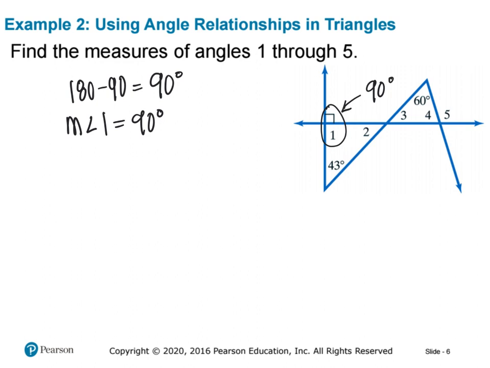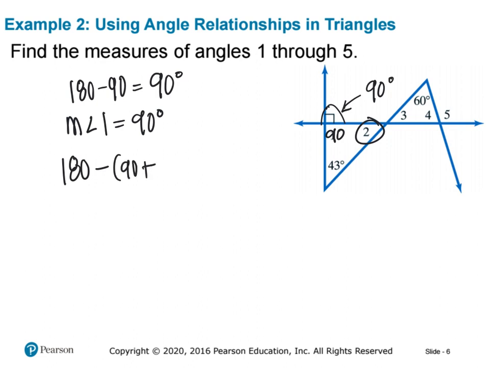So then we have 90 right here, so I'm just going to erase this. So this is 90. So then we have 43, and then we want to find out what angle 2 is. So we would subtract those from 180.